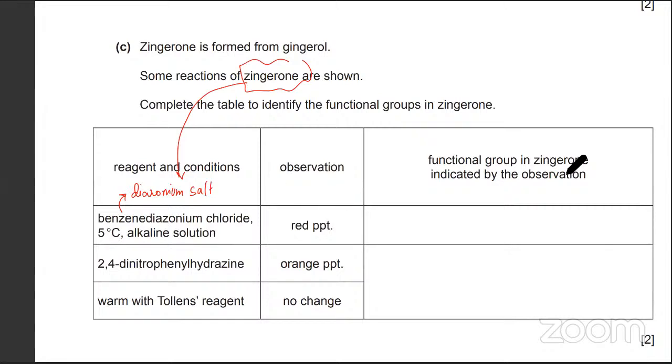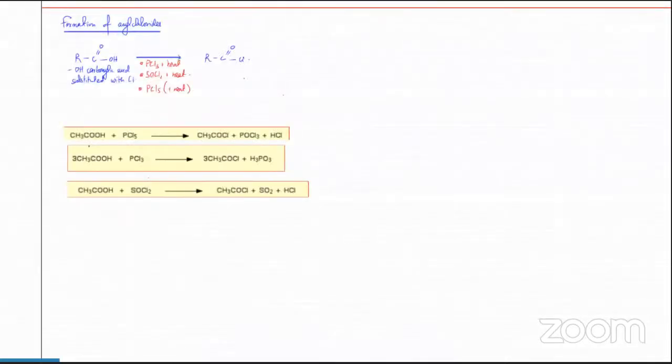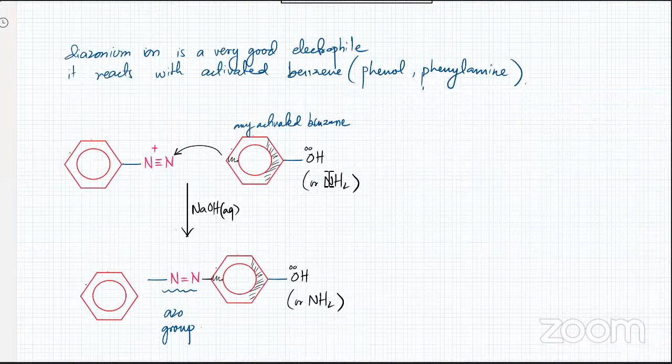So the functional group in zingerone indicated by the observation: the functional group that it indicates is that there must be an activated benzene, right? Because diazonium ions only react with activated benzenes, and they form colored dyestuffs.